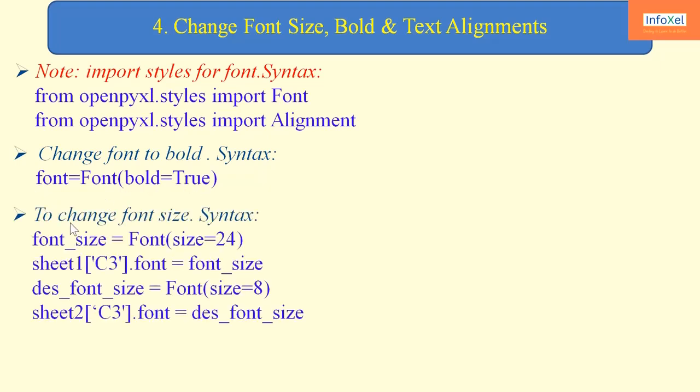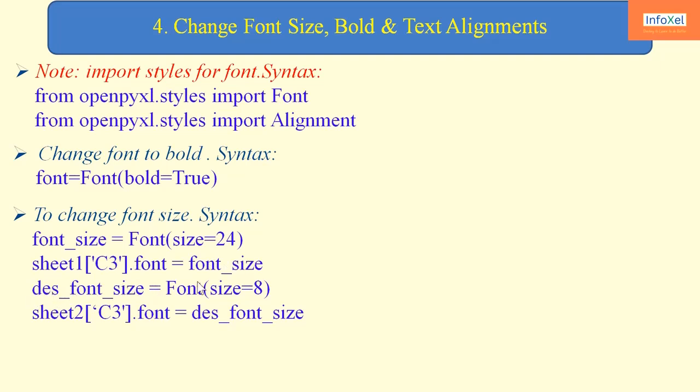Now to change the font size, there are two syntaxes. This is the variable, and here we are creating a font style. The font style is created with size 24 and it is assigned to a variable font_size. And then we apply this to the C3 cell by using the second command.